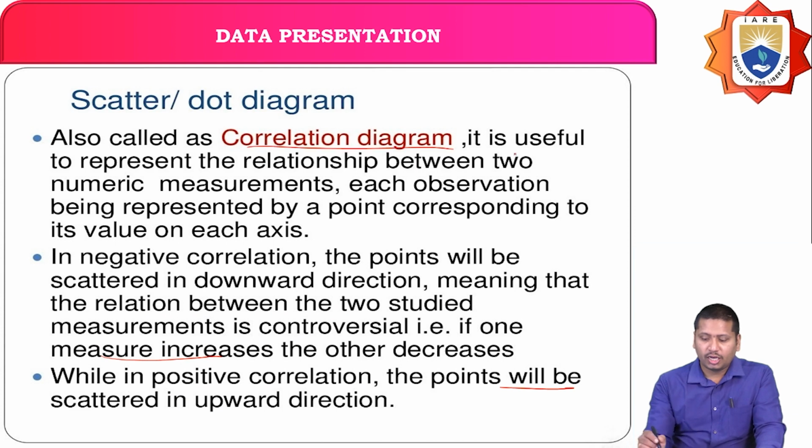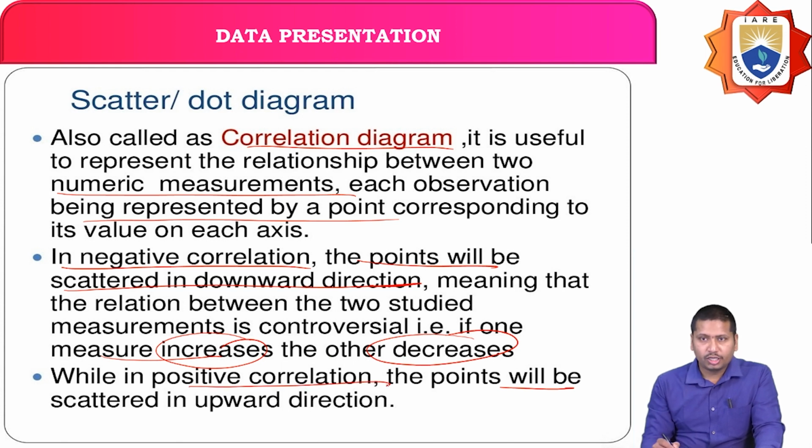So the correlation diagram shows the relationship between two numeric measurements, and each observation is represented by a point corresponding to its value on each axis. In negative correlation, the points are scattered in a downward direction, meaning if one increases, the other decreases.